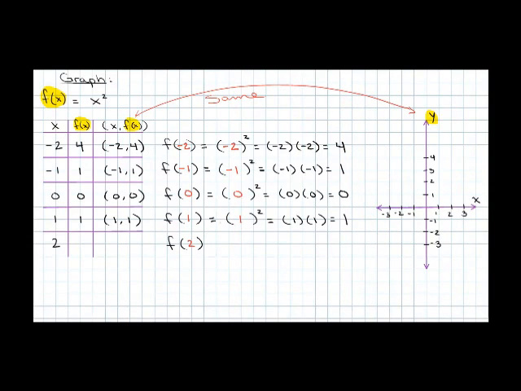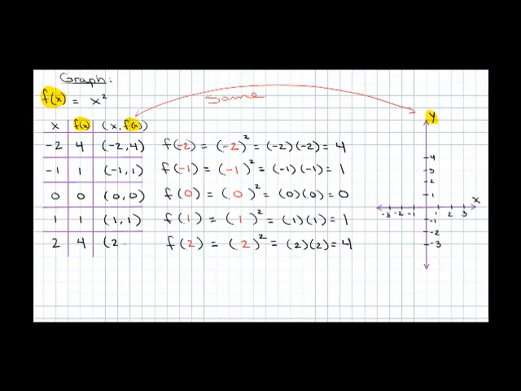And last here we have 2, right? So we're going to have f of 2, which is going to be equal to 2 squared, which is just 2 times 2. And that's going to give me a 4.